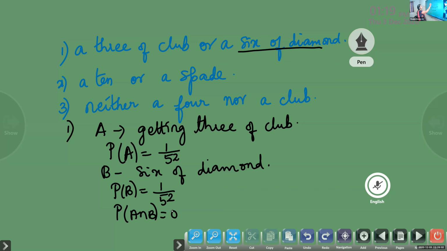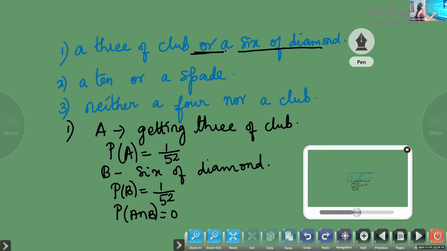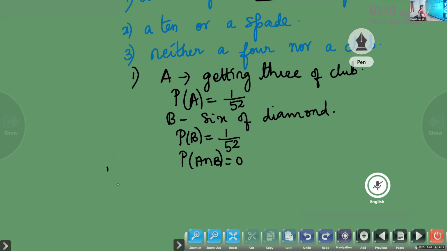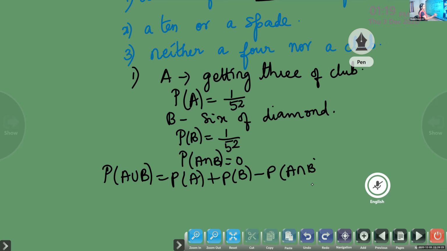Now we are asked to find OR. OR means union, so we have to find P of A union B. P of A union B is P of A plus P of B minus P of A intersection B. Substitute the values and find out.